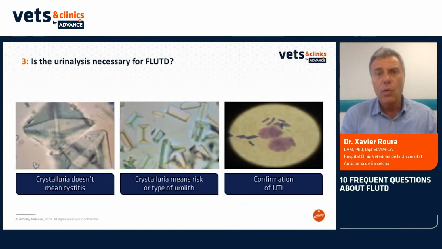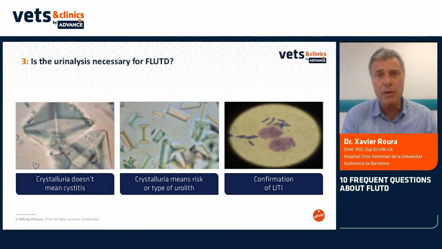And later, in the urinalysis we always do an evaluation under the microscope, looking for bacteria, looking for intracellular bacteria in order to confirm a urinary tract infection, and we also need to evaluate the presence of crystalluria.